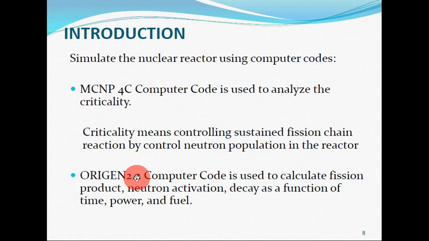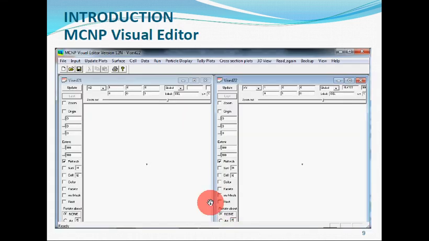ORIGEN 2.2 computer code is used to calculate fission product, neutron activation, and decay as a function of time, power, and fuel. This is the MCNP Visual Editor.